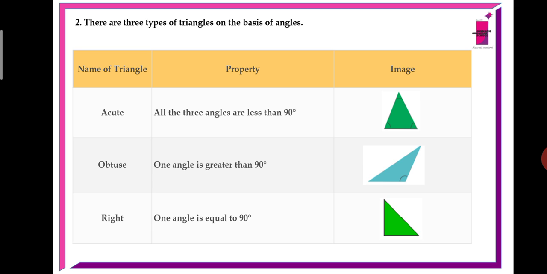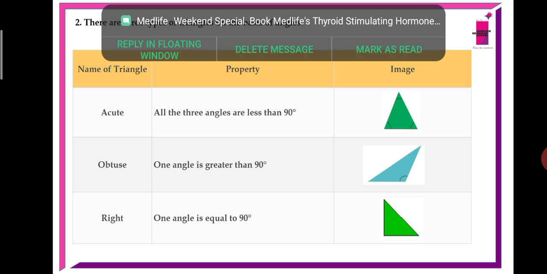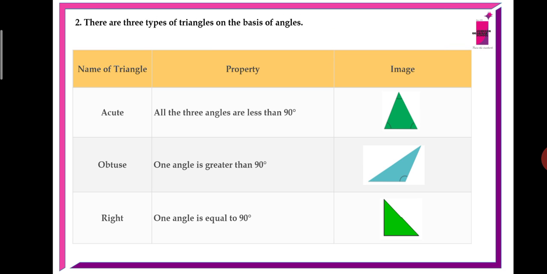And acute may also be equilateral: 60, 60, 60. All the angles are equal and the sum of the angles is 180. It forms a triangle. So an acute angle triangle can also be equilateral. All angles are equal.